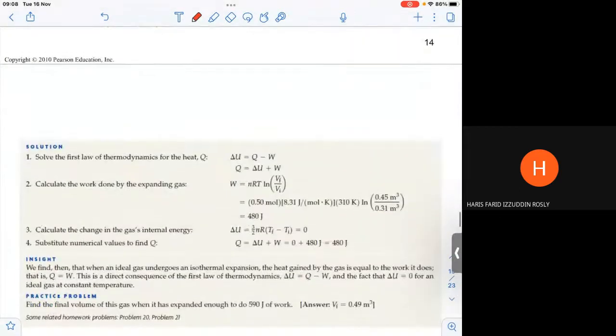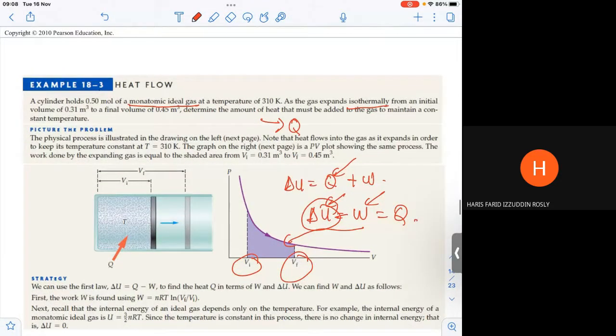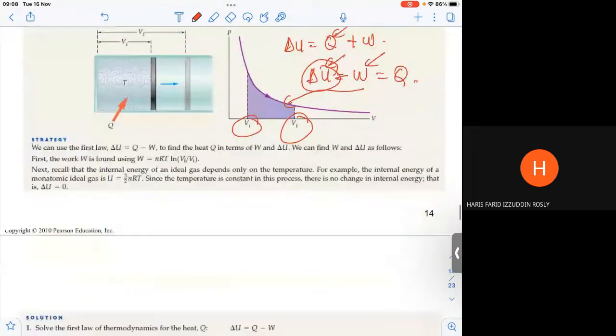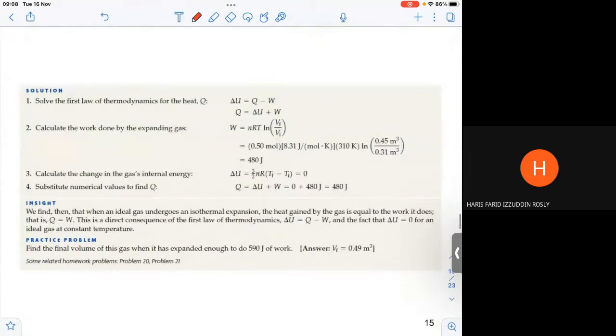What is delta U? According to the question, it says monoatomic ideal gas. So based on your textbook, for a monoatomic ideal gas delta U is equivalent to 3/2 nR times final temperature minus initial temperature. But because of the term isothermal, that means constant temperature, delta U will be zero.